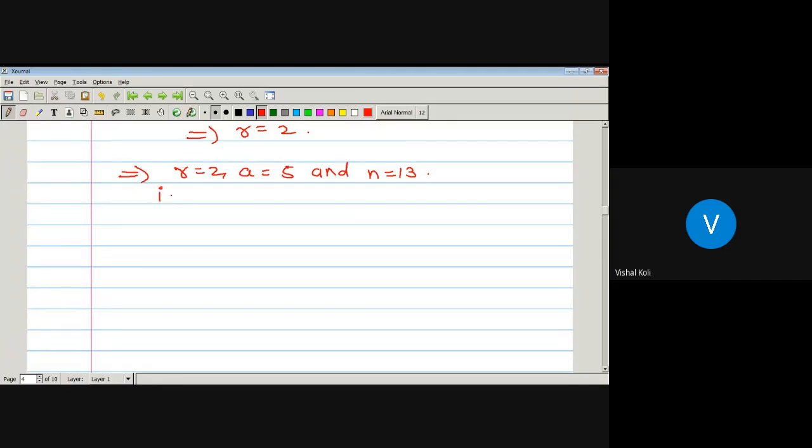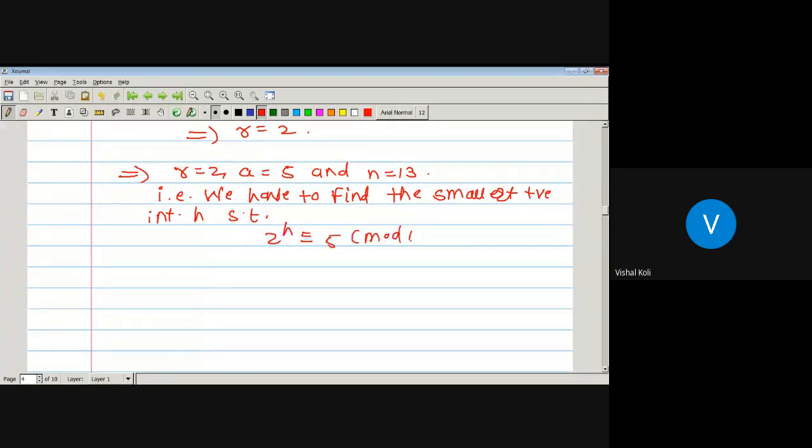That is, we have to find the smallest positive integer h such that 2 to the power h is congruent to 5 modulo 13.